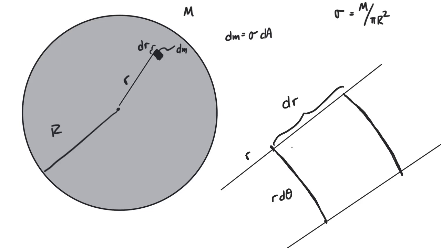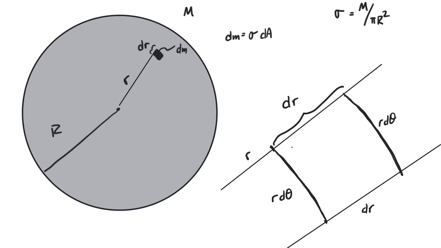And I'm just going to fudge it and say that this side is r d theta too, and this side is dr as well, and that it's actually very close to a square. No, it's not. But remember, calculus allows us a little bit of the right to use the limit. And the limit gives us the ability to say that this is pretty close to a square.